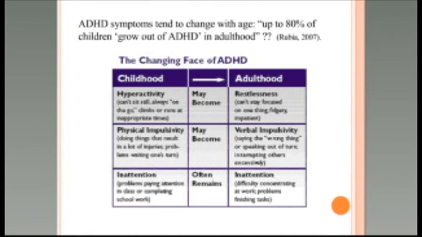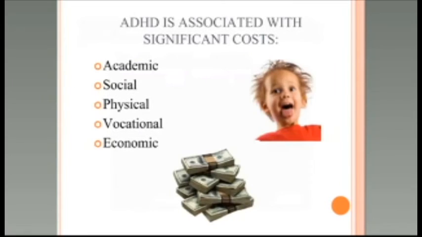Childhood inattention or difficulty completing schoolwork can then, in adulthood, look like difficulty completing work tasks on time, meeting deadlines, difficulties remaining concentrated on one task at a time. You may find individuals that constantly are doing lots of different things and aren't actually able to finish any one thing appropriately. So the symptoms don't actually seem to disappear, but they simply change over time into a different presentation.